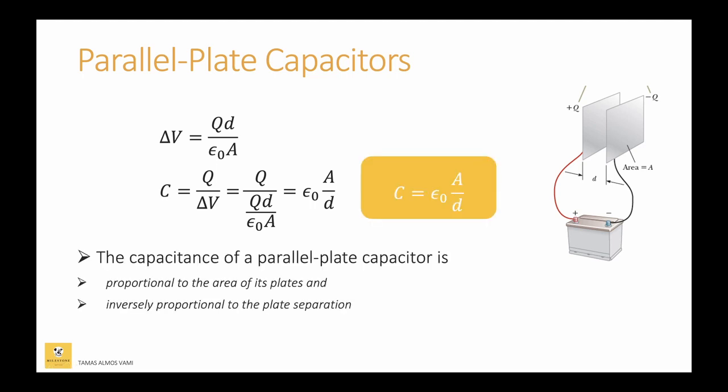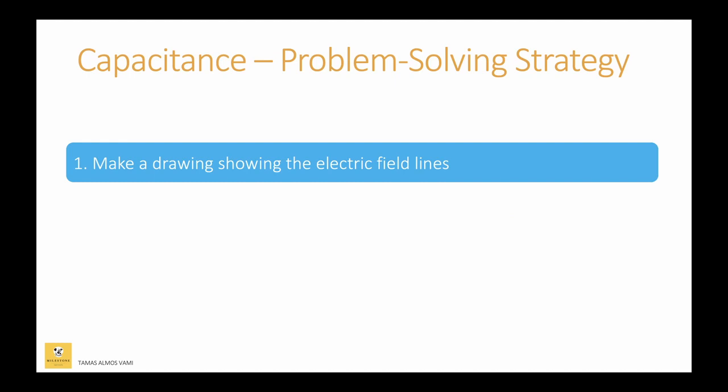So that's our end result. Please note that this means that the capacitance of the capacitor is proportional to the area of its plates, and it's inversely proportional to the plate separation. And we have the constant epsilon 0, which is less important.